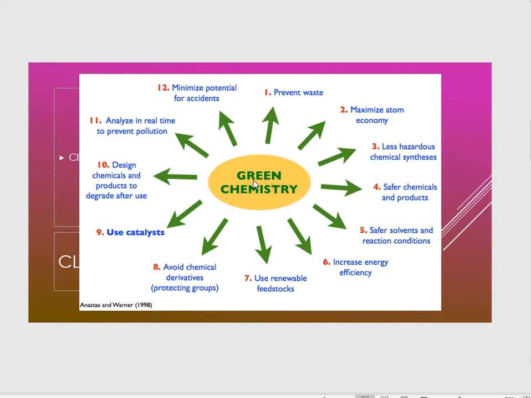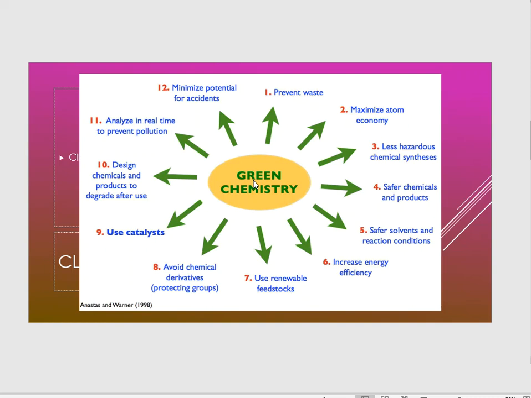Number 10, design chemicals and products to degrade after use. So once I make the product, and let's say the product doesn't get used as soon as it needs to be, we pump that out into the ocean, we pump that out into a river or a lake or a stream, or we dump that out into a landfill, I would want that chemical to decompose on its own, right? I don't want the chemical to stay around forever.